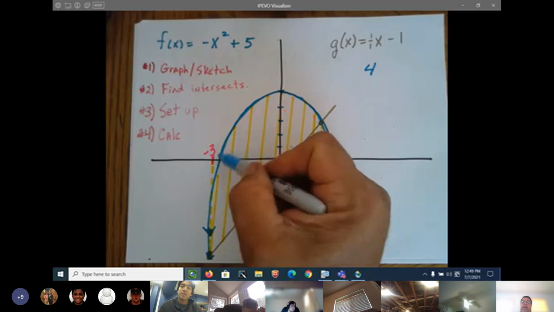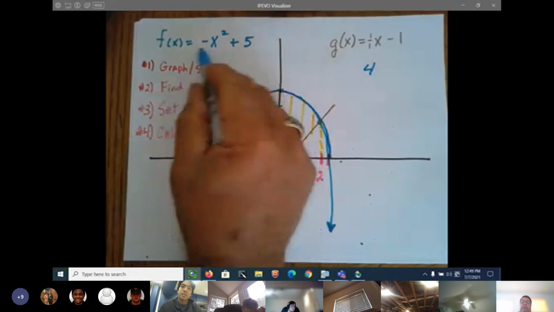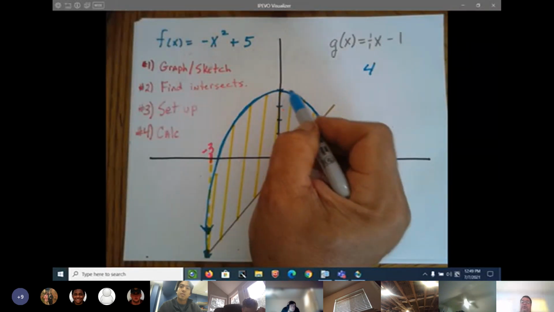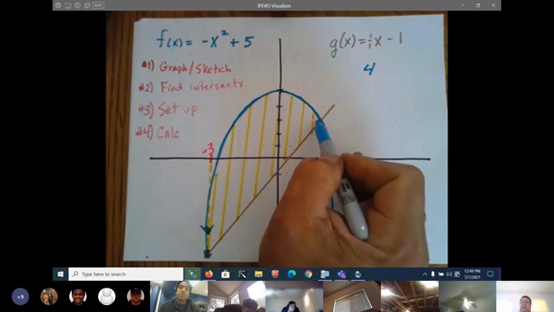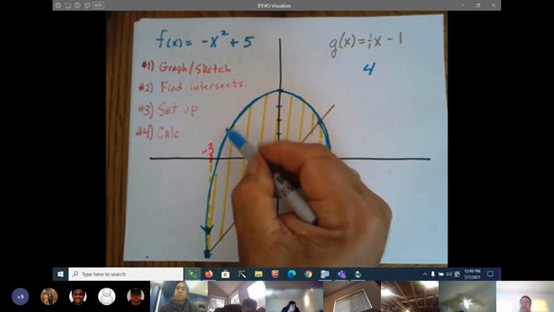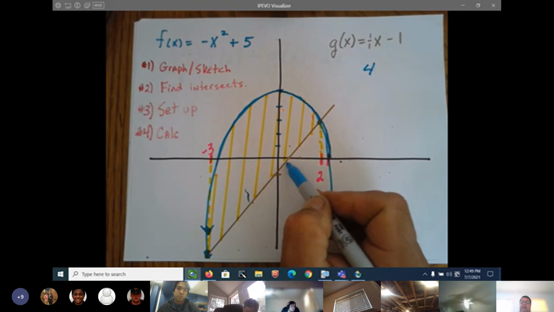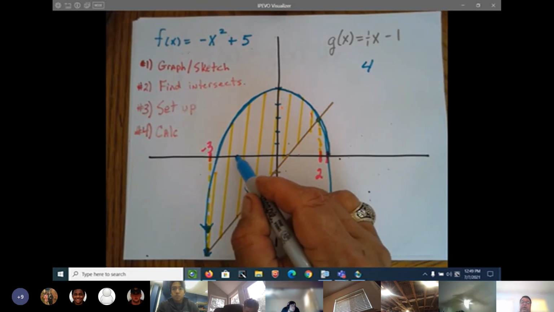Well, you got to look at your graph. See your graph right here? The blue graph, or the f of x, gives you bigger y values for the area that you're measuring. See, here's the area that you're measuring. Here's the y values for this line at, let's say, negative 2.